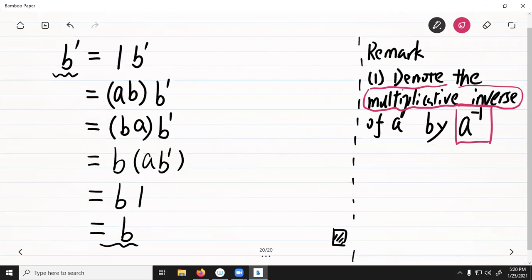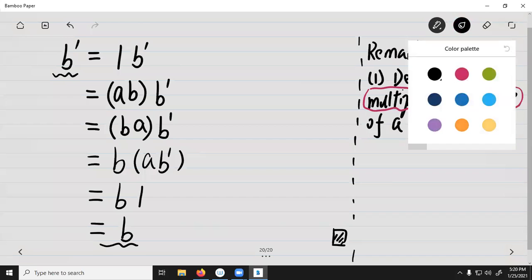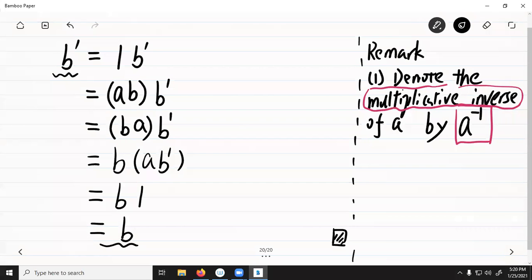So now you can see the relations, right? Okay. Then we can use it in this way. Second remark.